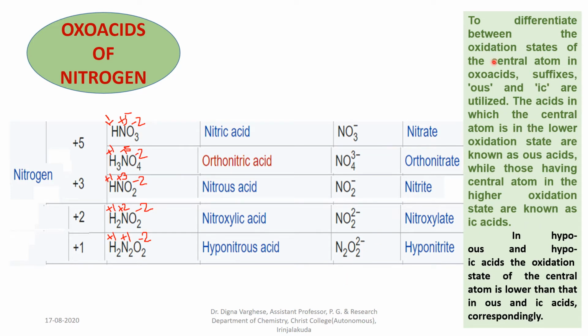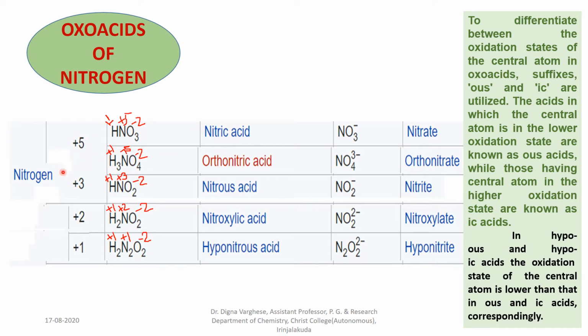To differentiate between the oxidation states of the central atom, here nitrogen being the central atom, oxoacid suffixes ous or ic are utilized. The acids in which the central atom is in the lower oxidation state are known as ous acids, that is nitrous acid, with nitrogen in the +3 oxidation state, and nitric acid with +5 oxidation state.